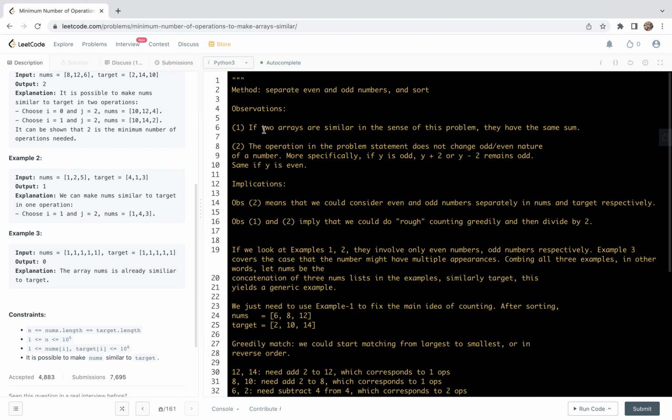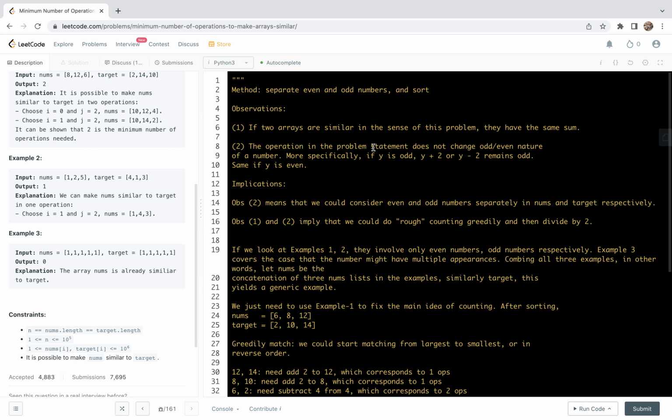First, if two arrays are similar in the sense of this problem, they have the same sum. This is a very easy observation. We can regard the two arrays as the same if they are similar, but we do not care about the element order. So this is observation 1.